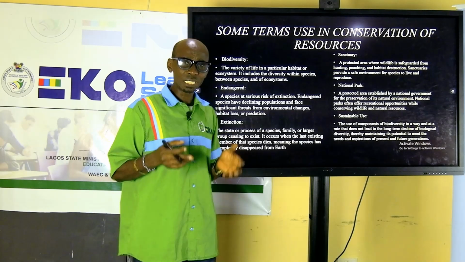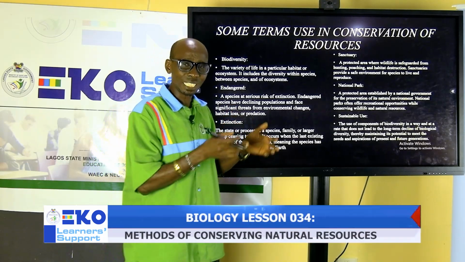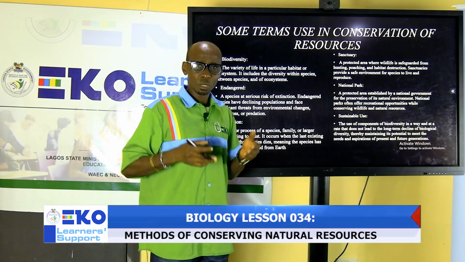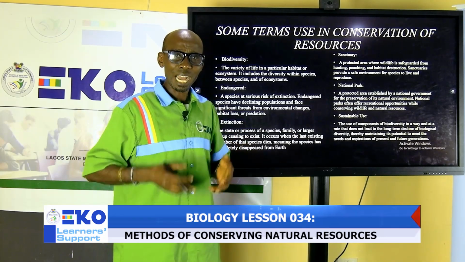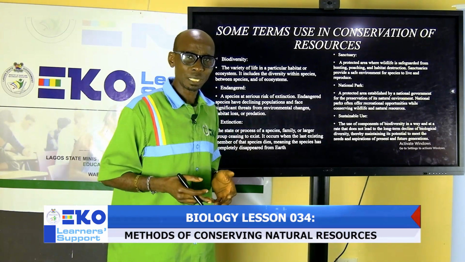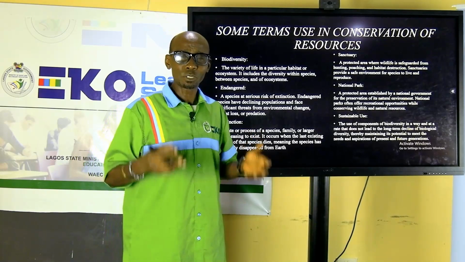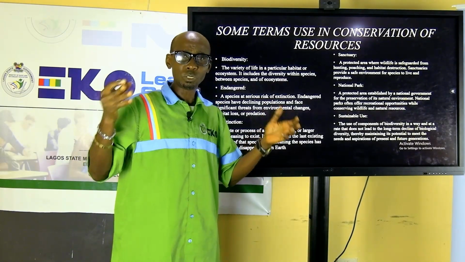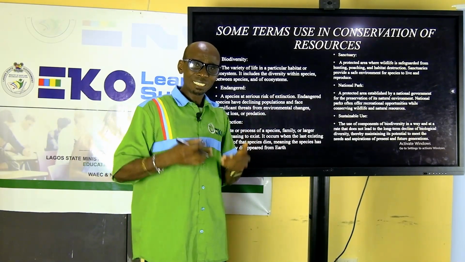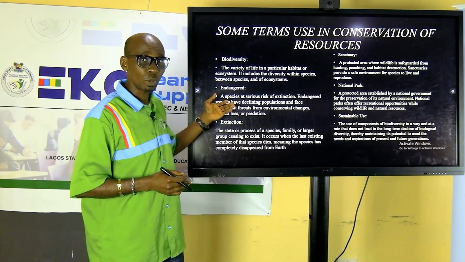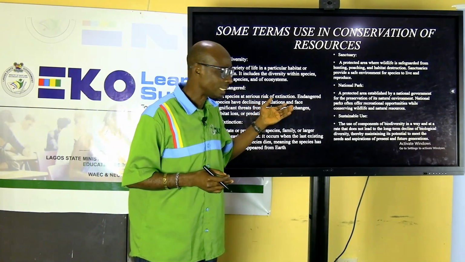A lot of species are on the endangered list now because they are not reproducing very well, or as a result of our technological advancement, we are building a lot of houses and chasing these animals out of their natural environment.